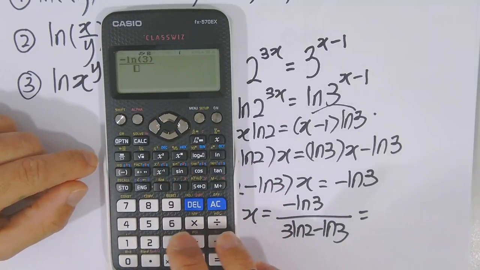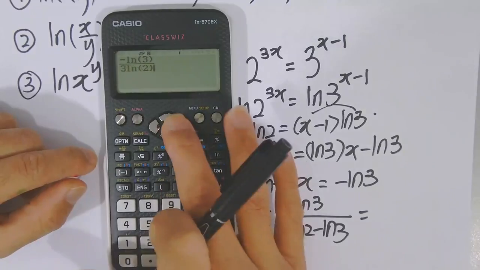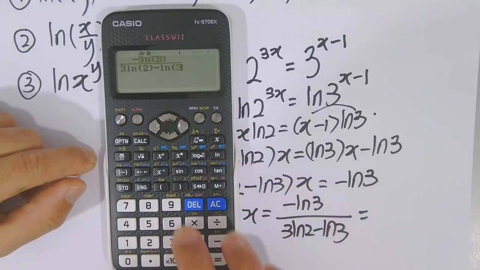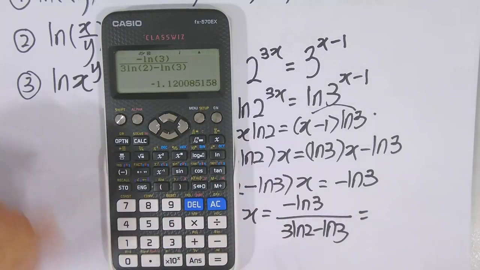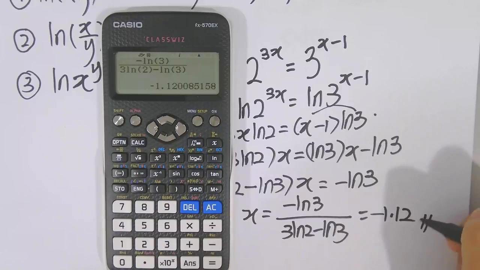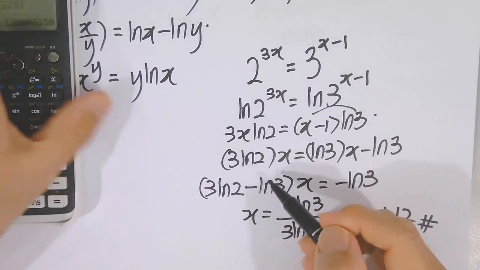Then you get the value, which is negative 1.12 in three significant figures. So this is the solution.